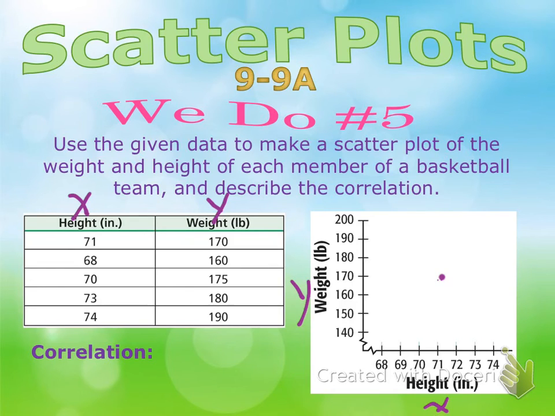Then you're looking at 68 and 160. 68, 160, it's about right there. 70, go over to 70, up 175, which is about halfway between. 73 and 180. And 74 and 190.